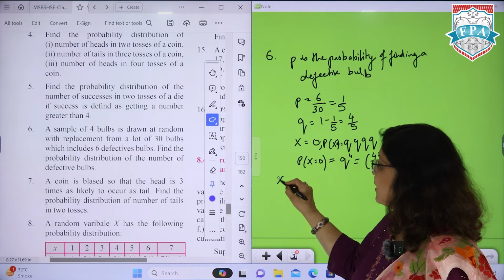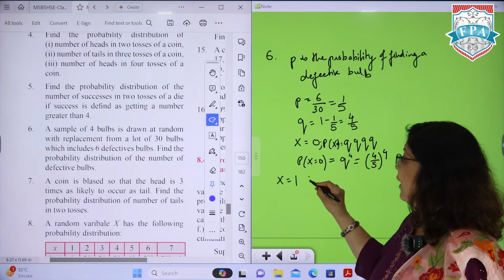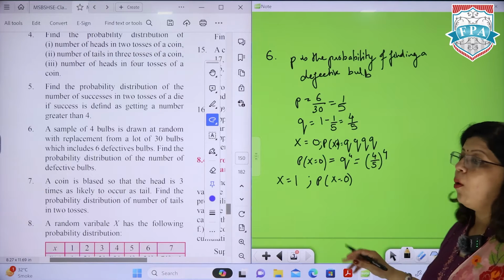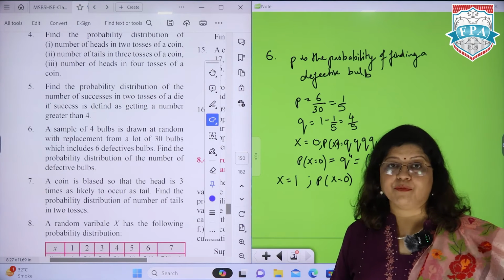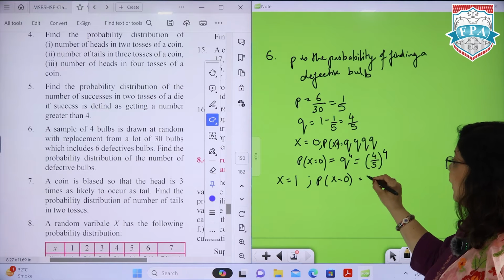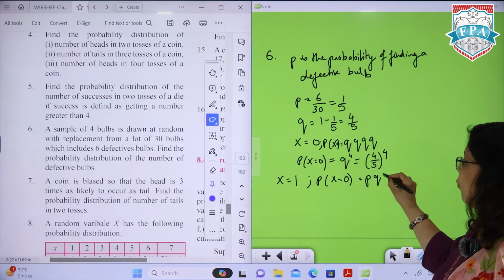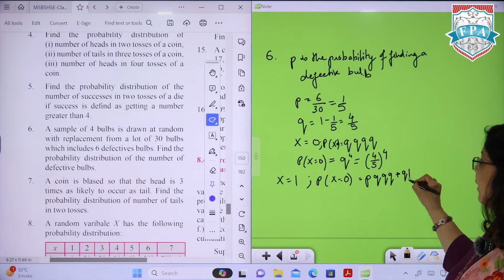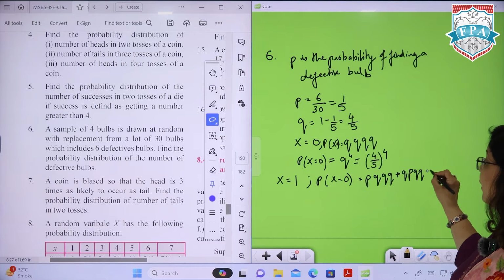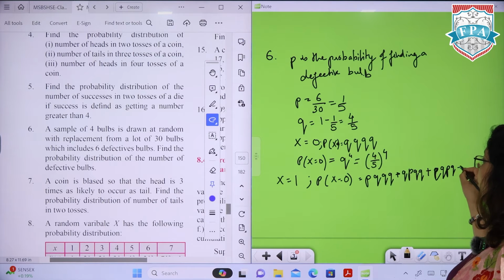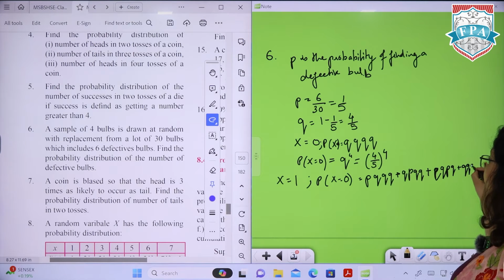Second case, when x is equal to 1. So when x is equal to 1, the values will be 1 defective bulb and 3 correct bulbs. So that one defective bulb can be the first one, तो आपको ये option मिल रहा है. It can be the second one. So q can come first, p and q can be the third one, which is q, q, p, q, and it can be the fourth one, which is q, q, q, p.